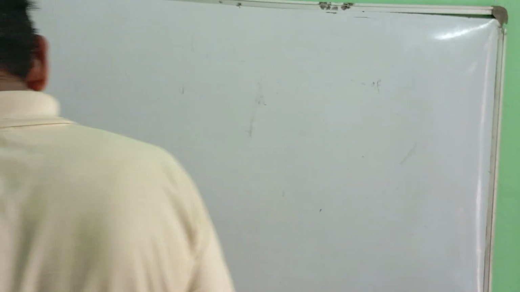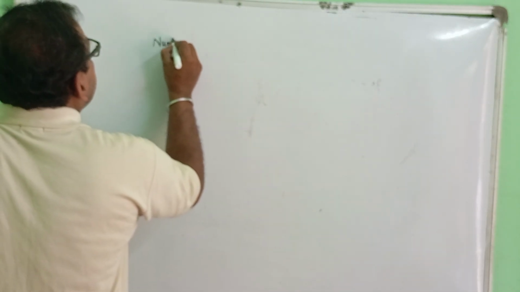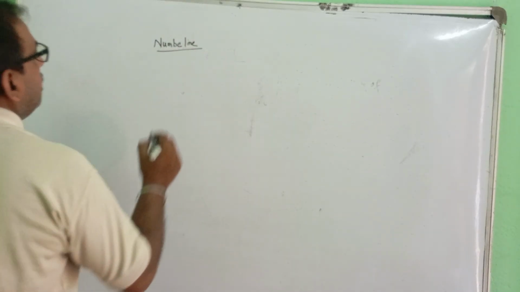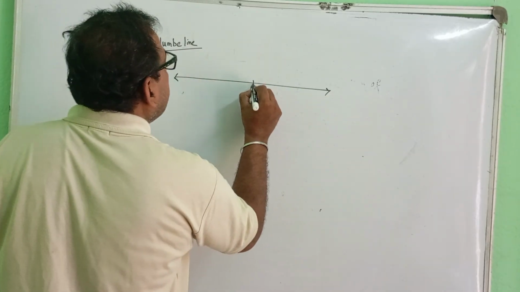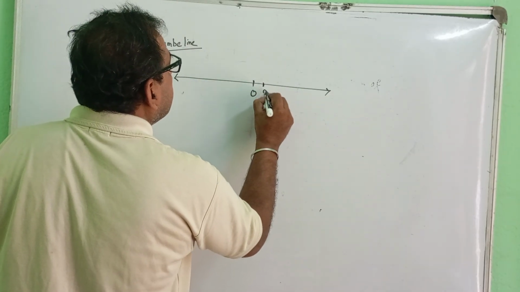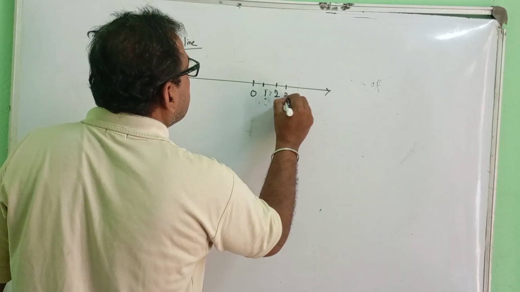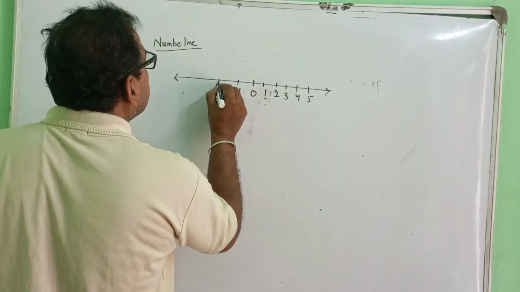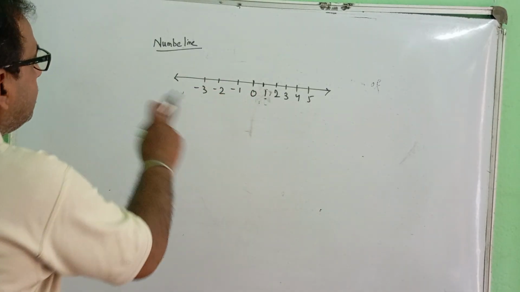Now in the Cartesian system we have two things. A number line means there is a line, there is a point, this part is the positive part, and this part is the negative part. We know that this is the number line.